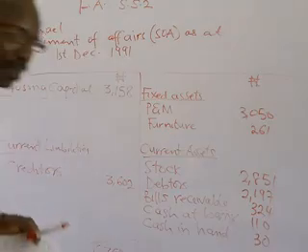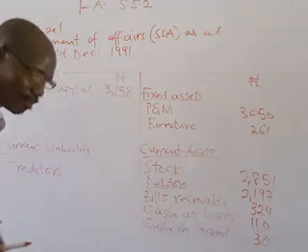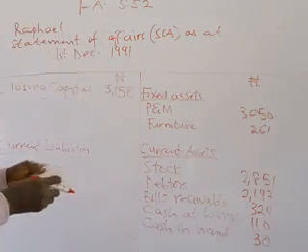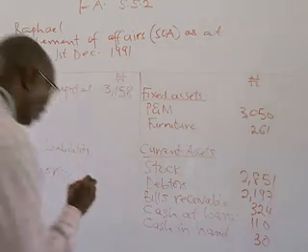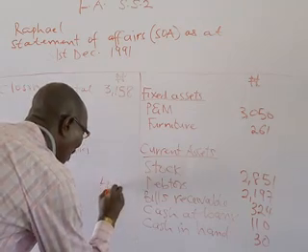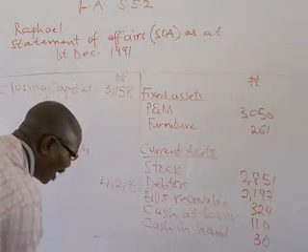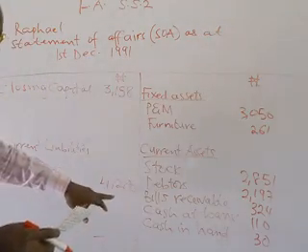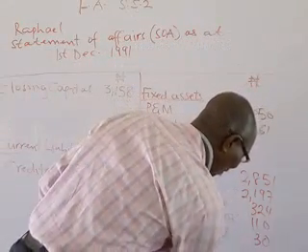This figure will change here and total here. The figure for the last day of the year is 4,200. So how do you derive the closing capital? By subtracting this figure from the total of the assets.